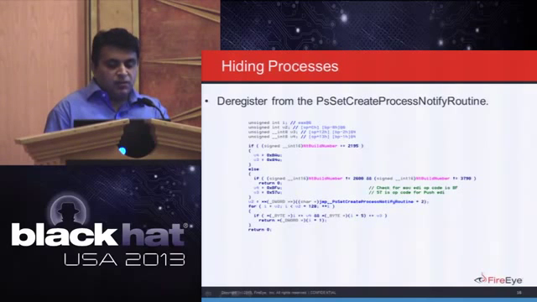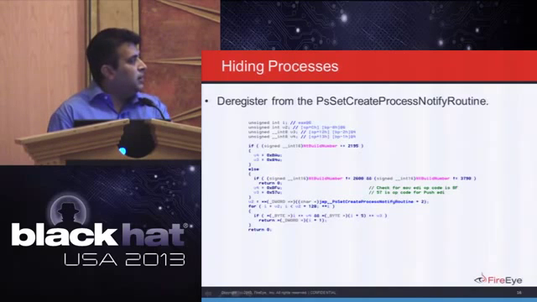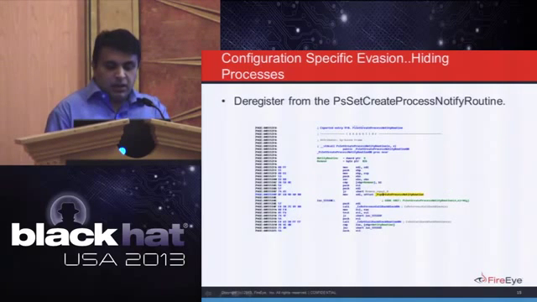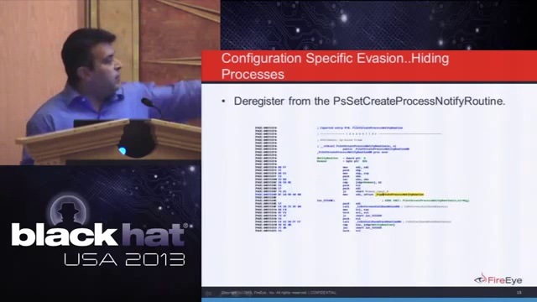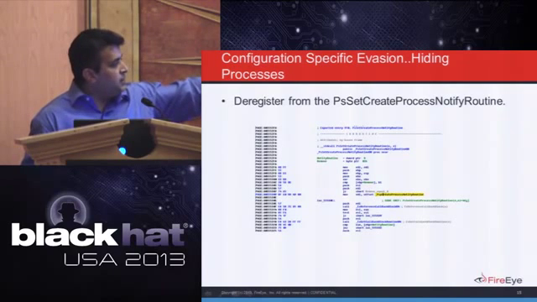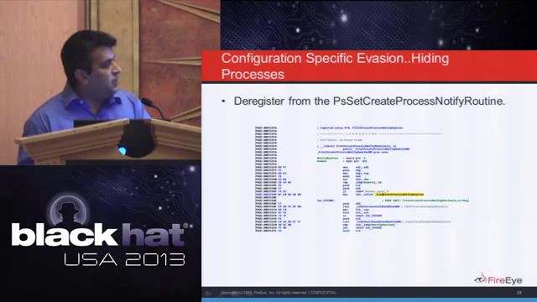In the case of Pushdo, what it did was very specifically check for the build number. When it got the build number, it checked for very specific opcodes, a mov edi and push edi. As shown in the code of Windows, after the mov edi and just before the push edi, we have the address of the PsSetCreateProcessNotifyRoutine.